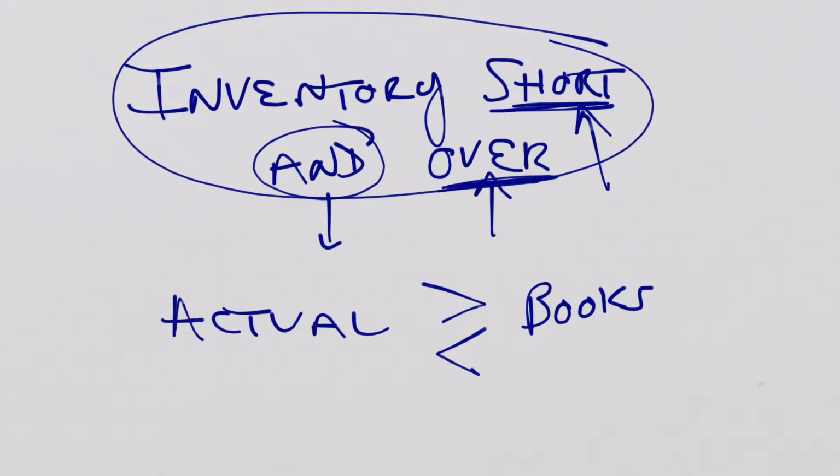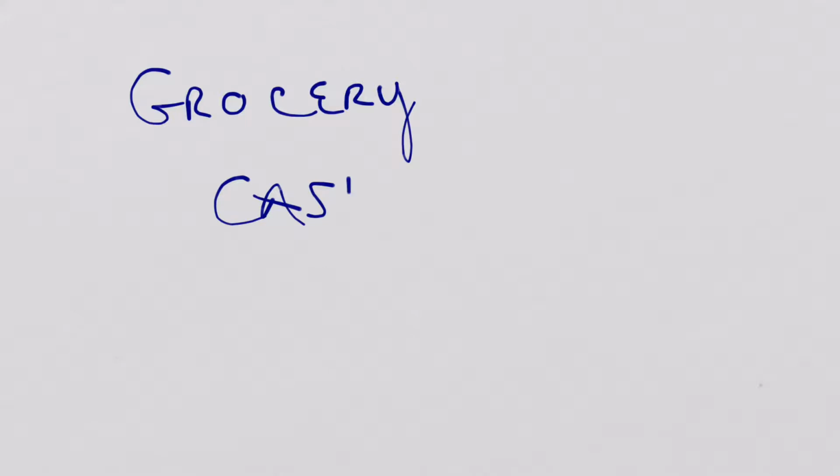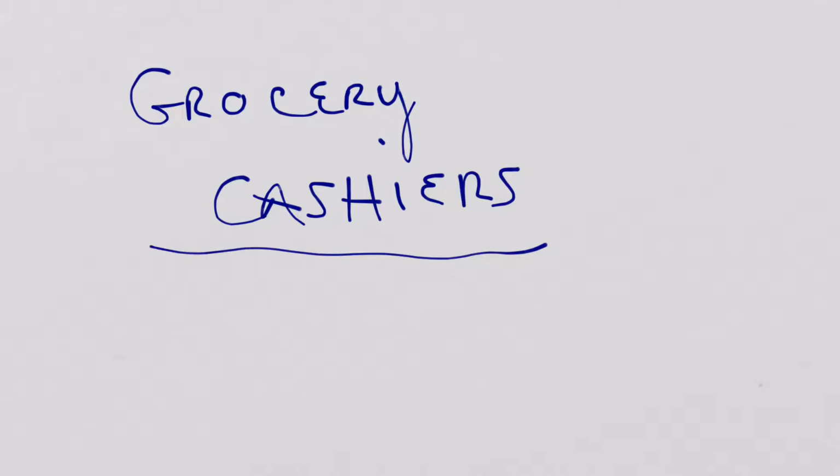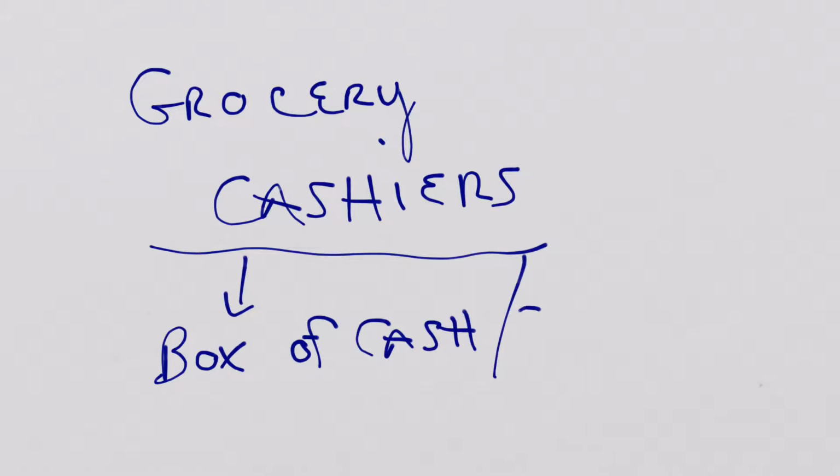And it happens. I was using for a student today the illustration of a retail store, the grocery shop. We all go there, and they have cashiers, and they have boxes at the register where they take in cash that people pay, and they pay out change. At the end of the day, they take their box of cash and compare it to the computer, to see what the computer says they should have versus what they actually have.